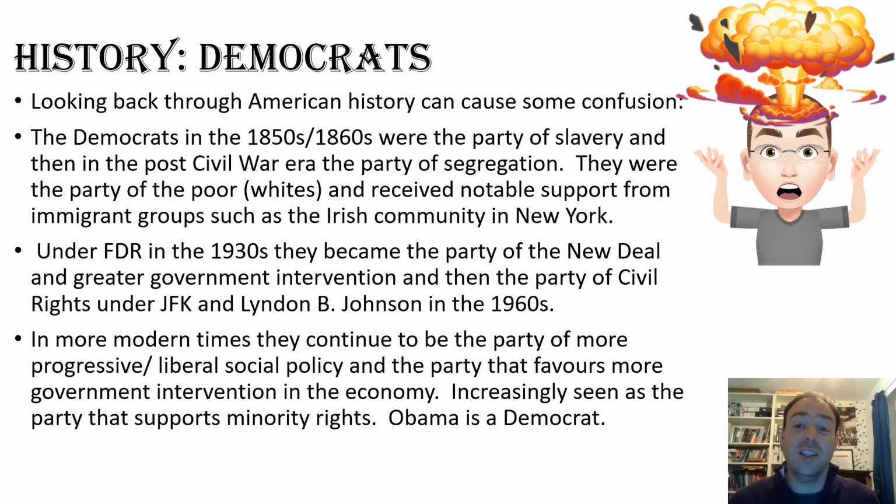In the 1850s and 1860s, the Democrats were the party of slavery. They were the party of the South in the American Civil War. And in the post-Civil War era, they were the party that opposed Reconstruction and the party of segregation as they regained control of the South following the withdrawal of federal troops.